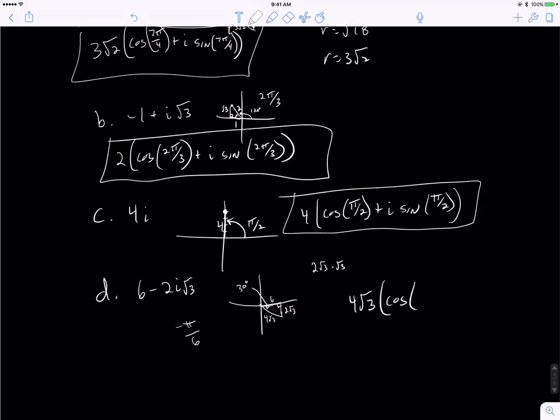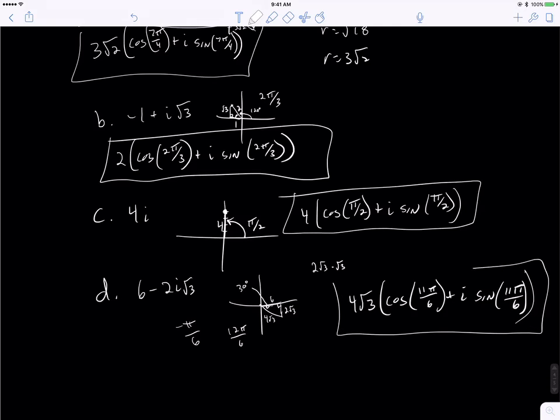We're going to do 2 pi would be 12 pi over 6, right? So we're 1 short of that. So it looks like 11 pi over 6 plus i times sine of 11 pi over 6. Close it. All right.